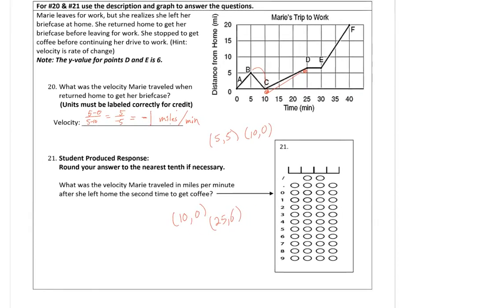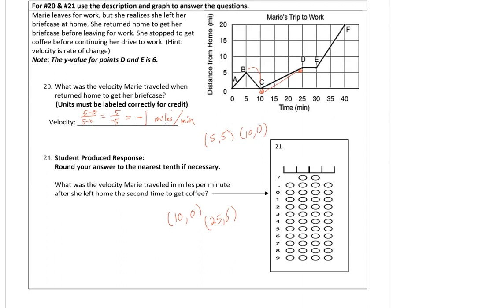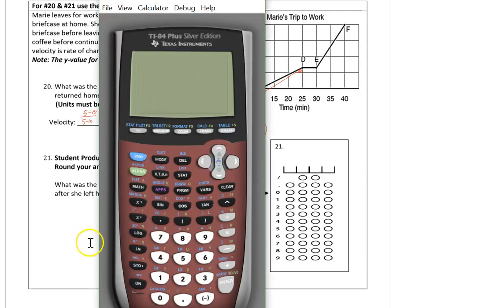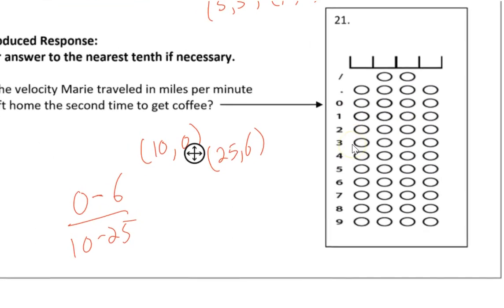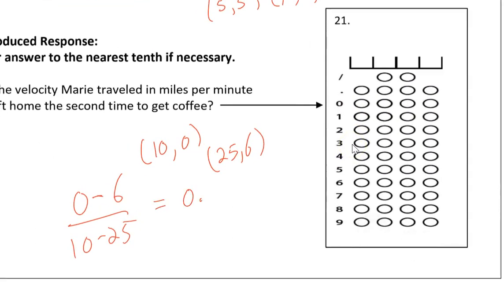So finding that velocity, we would do subtracting our y's, so 0 minus 6 over 10 minus 25. We'd get 0.4.